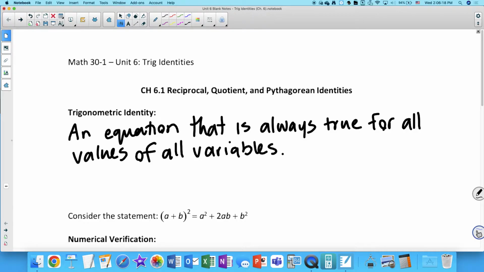Okay? So this is an identity in general. It's an equation that's always true for all values of the variables. And I'll give you an example of what I mean in a second.